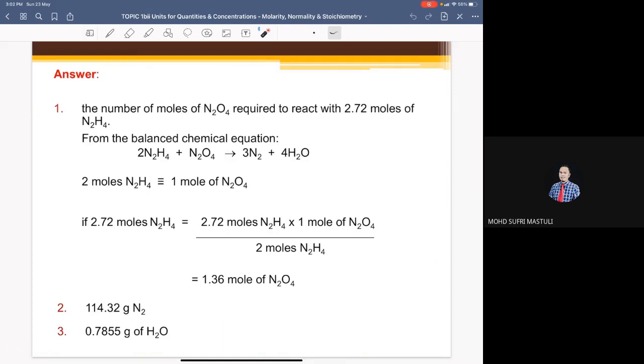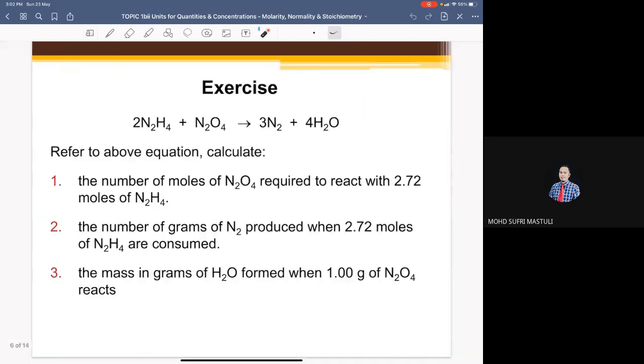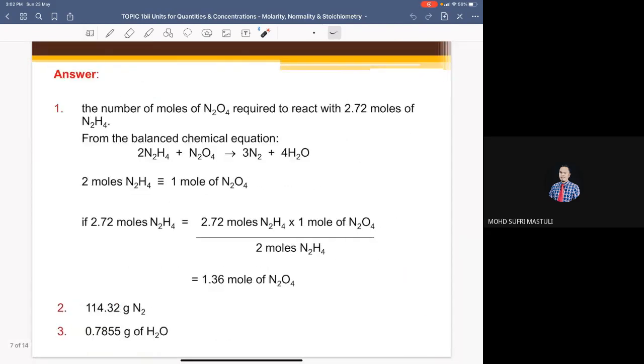From the balanced equation given in the question, we can do the stoichiometric relationship. 2 moles of N2H4 react with 1 mole of N2O4. But the question is asking about 2.72 moles of N2H4.